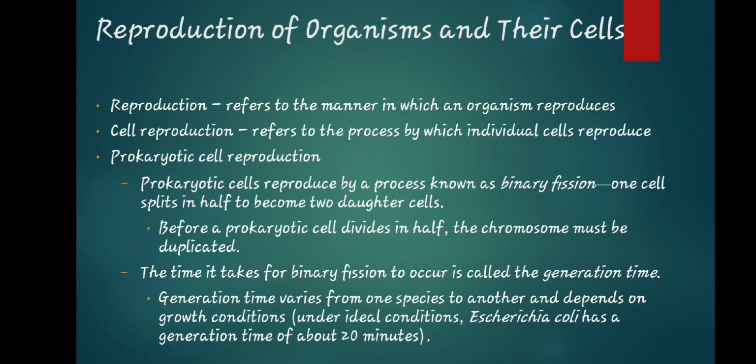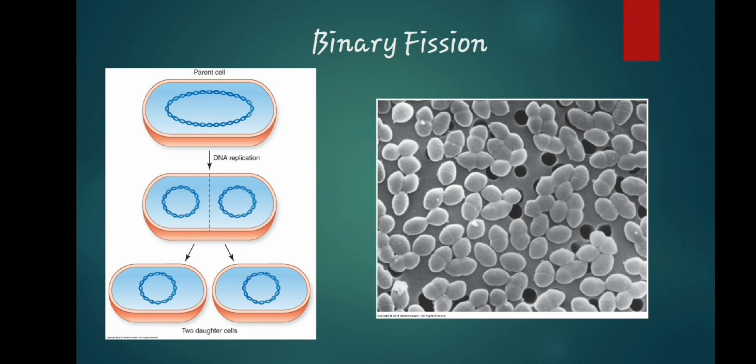So, reproduction of organisms and their cells. Reproduction refers to the manner in which an organism reproduces. Cell reproduction refers to the process by which individual cells reproduce. Prokaryotic cells reproduce by a process known as binary fission. When we say binary fission, it is the reproduction of prokaryotic cells. It is also the process in which one cell splits in half to become two daughter cells.